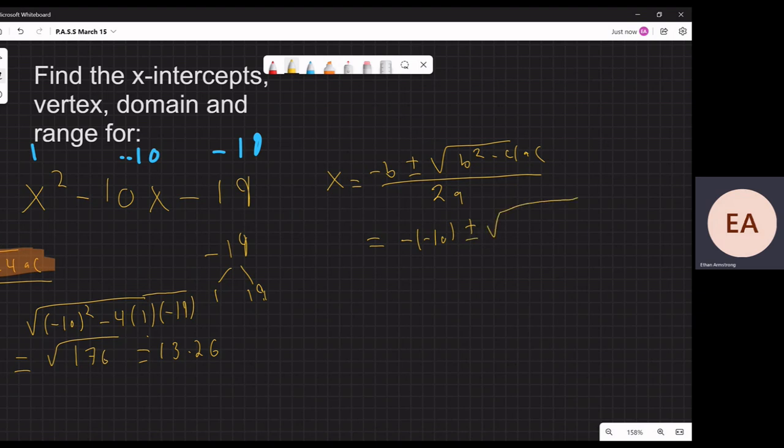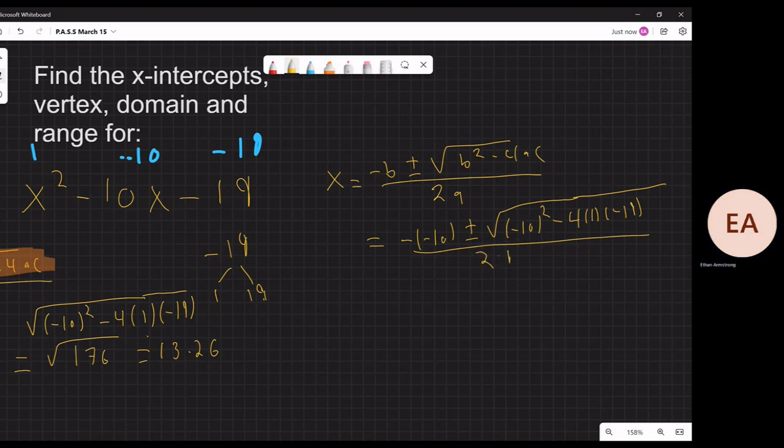Plus or minus the square root of -10 squared, divided by 2a, which is just 2 times 1. Guess we can still write that. And then x equals, we already found our discriminant, so x equals -10 plus or minus the square root of 176. I'd recommend you keep this exact until you do the calculation.